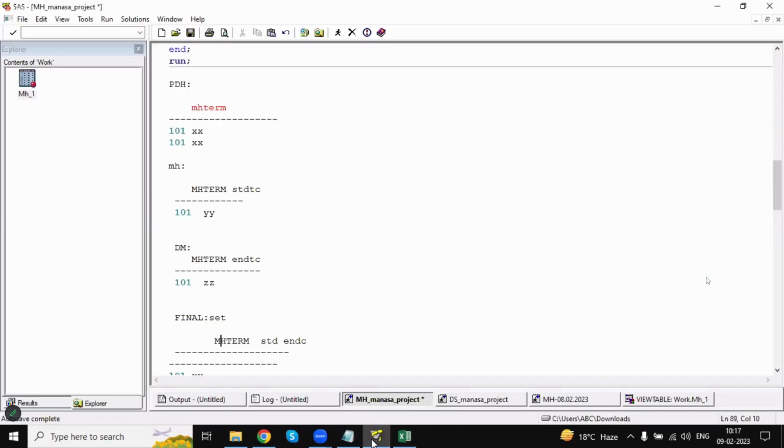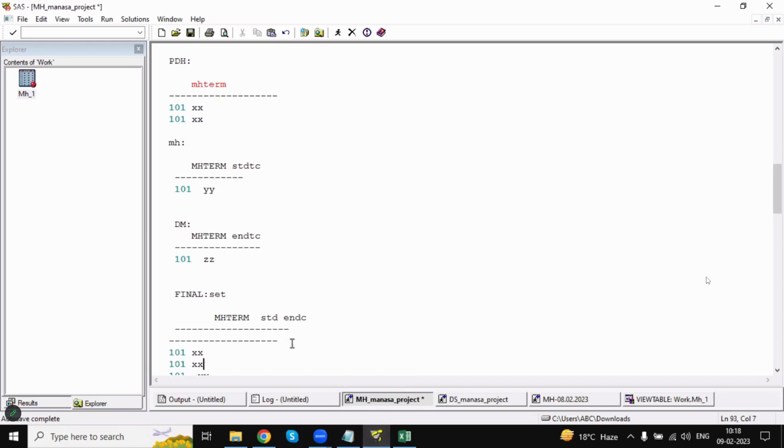Take one subject and compare the same subject's details with the final output data. You are not supposed to miss even one data point. The main intention of the SDTM domain is that whatever information is given in the raw data set, you have to capture all of it in the SDTM final output data set. You are not supposed to trim it or miss it.